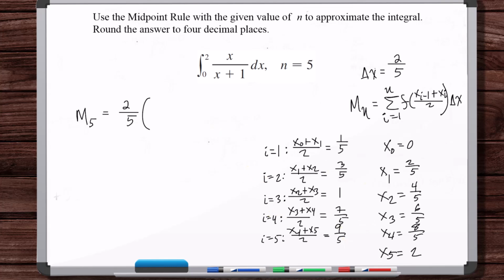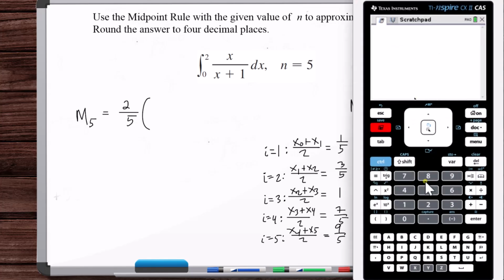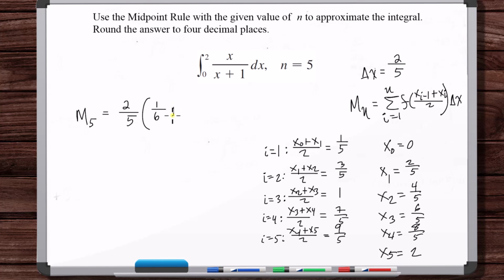And to make this easier, let's plug this formula into our calculator. So x divided by x plus 1. We want to store this as e. Now we want to evaluate e with x equal to, and we'll start with 1/5. That's 1/6.